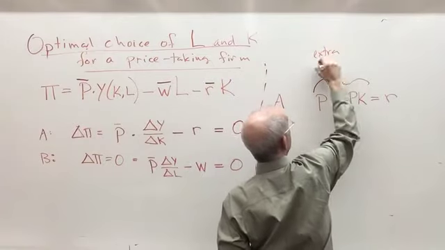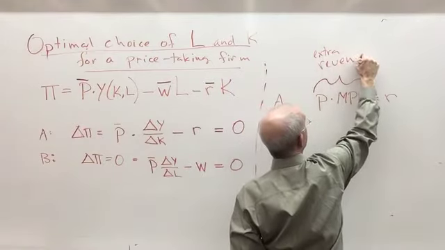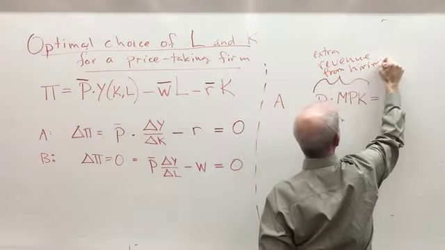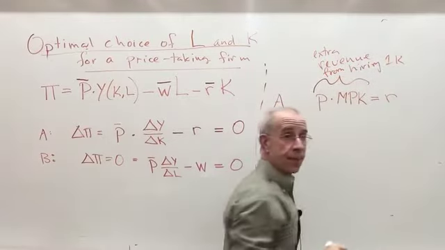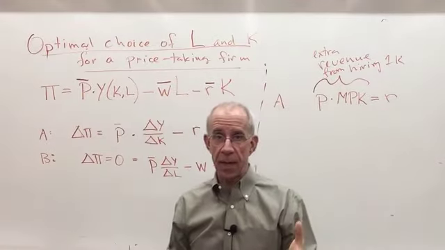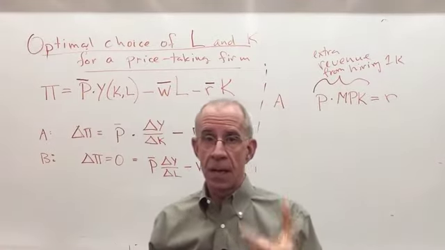It's the extra revenue from hiring one unit of capital. R is how much you have to pay.